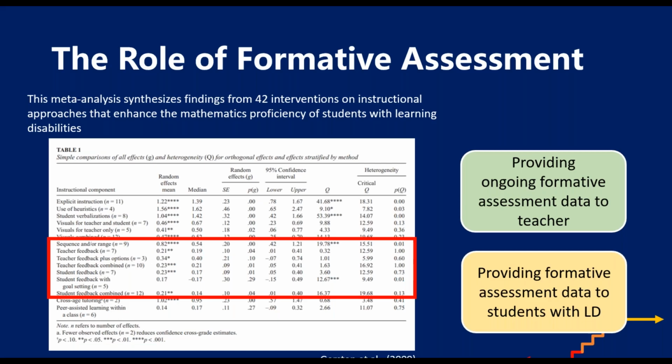Generally, in meta-analysis research, by looking at effect size, you could examine the relative effectiveness of the instruction. So the effect size in the second column of this table, where it says random effect means, shows that using formative assessment data is one of the effective instructional components for learning disabilities.